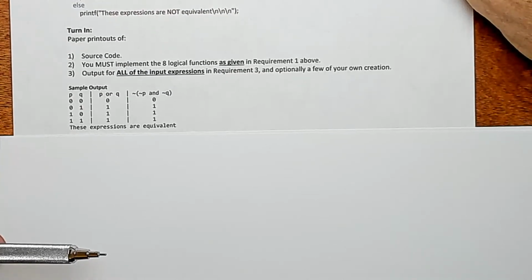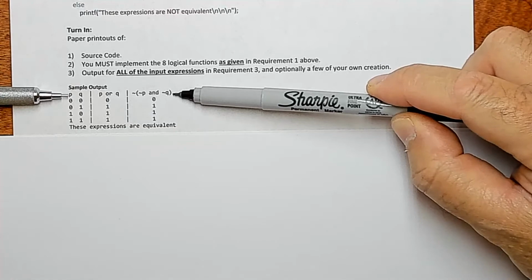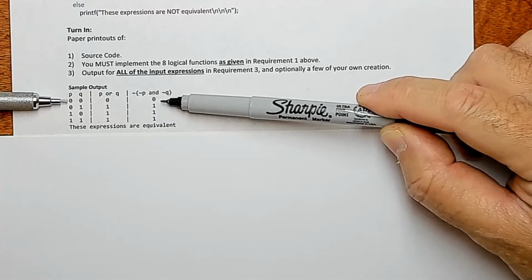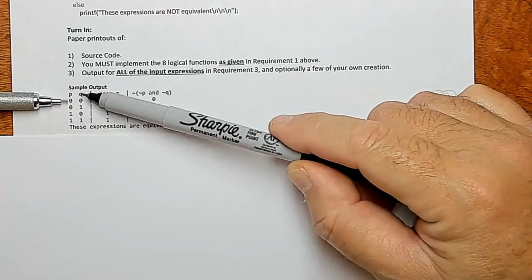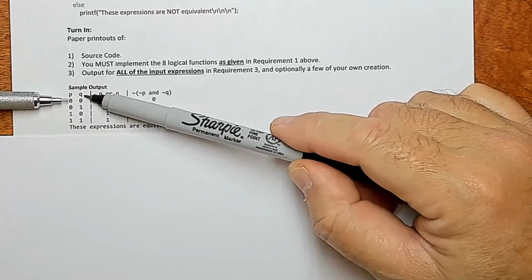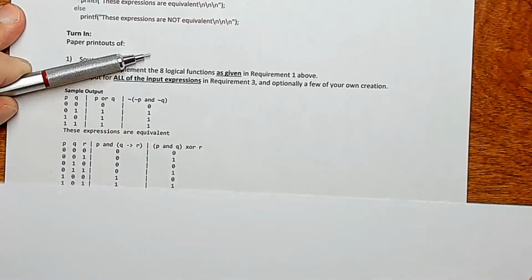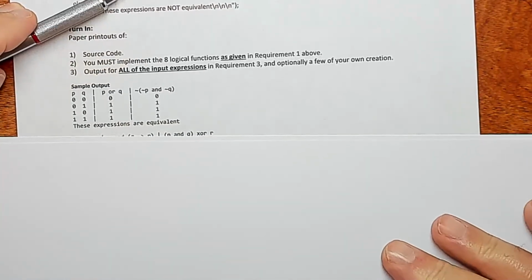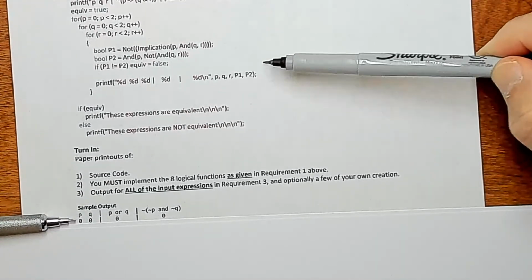So this is what the output would be. Of course, you've got to do a format statement for the title of the table. But then as you're generating all your values of P and Q, well, here we're only doing P and Q, but some of them need P, Q, and R. The next one down here needs P, Q, and R. But anyway, just print the table, right?